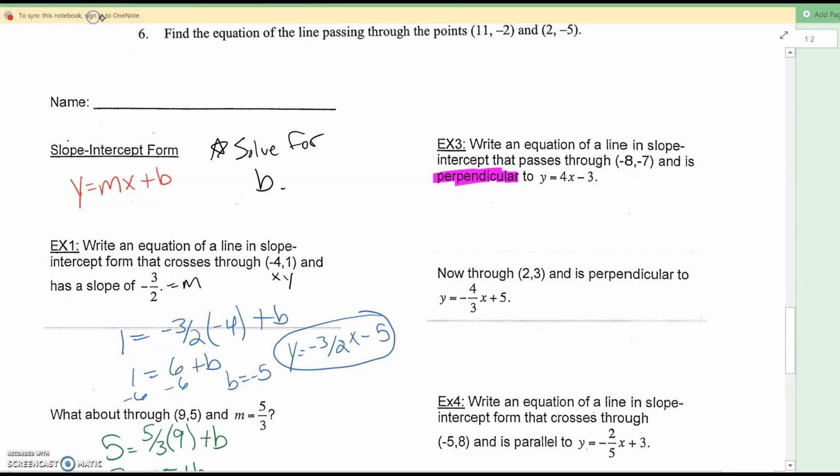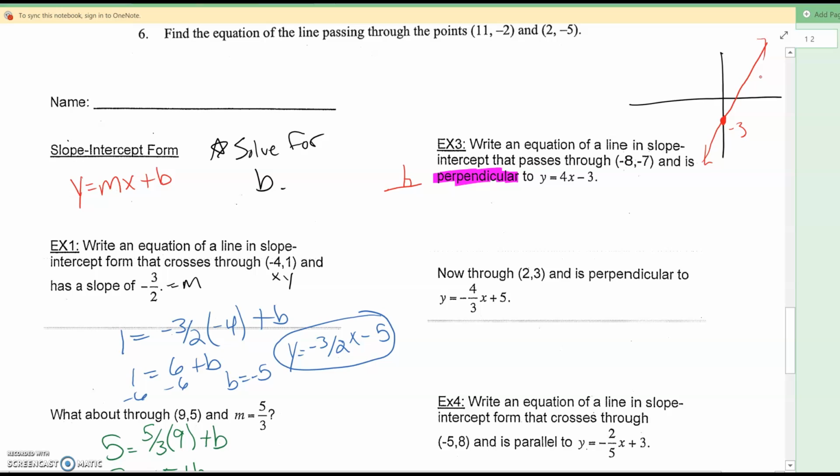Now if you think about it, if I have a line that crosses through -3, and it goes uphill, up 4 over 1, it looks something like that. Perpendicular means a right angle. That's the symbol for it. If I were to rotate this, from what we learned with our rotations, the x's and y's switch.